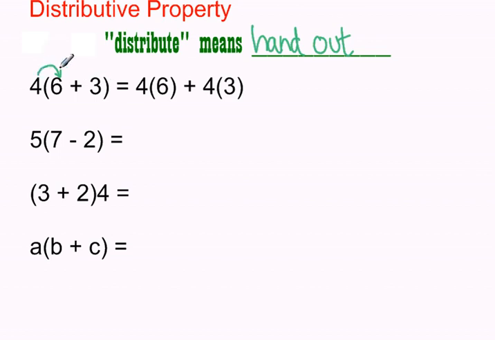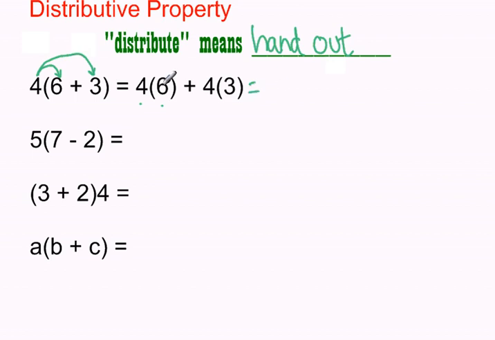So 4 times 6, and here I've written that, 4 times 6. Remember, in algebra we don't really use that little dot symbol very much, or the X, so I'm just writing it like that. And here's the second part: I've got to give that 4 also to that 3. 4 times 6 and 4 times 3, and a plus sign in the middle.